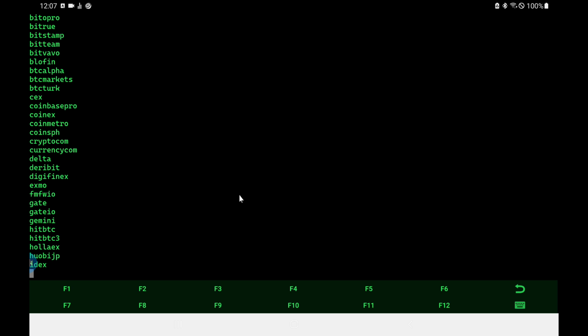At this moment, there are roughly 120 or 130 exchanges that get searched. So it's quite a lengthy list of what is available to you.